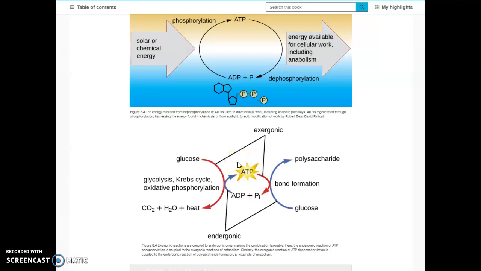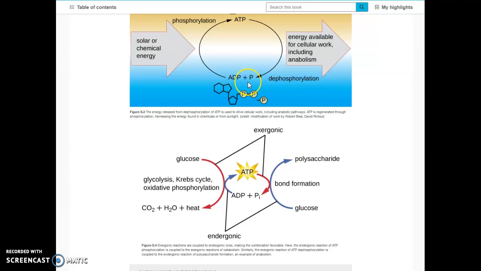You can think of ATP like a rechargeable battery. When we get solar or chemical energy that's going to drive these reactions, we undergo a process called phosphorylation, which is a fancy term for adding a phosphate group.